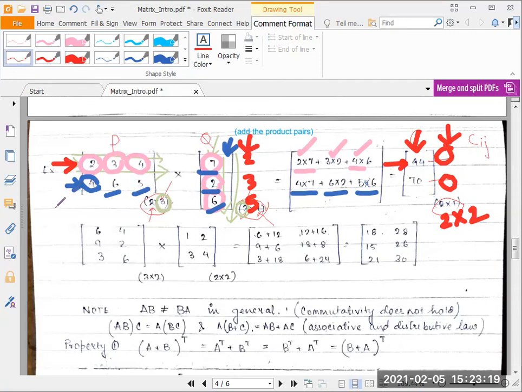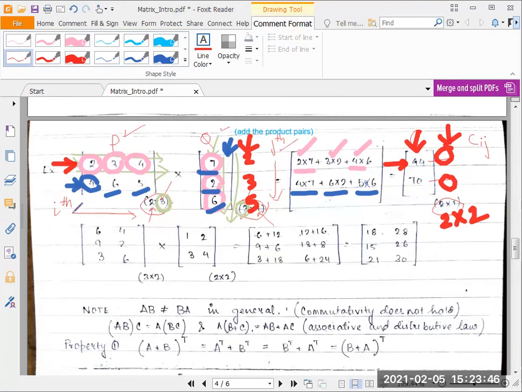You will take the ith row of the first matrix and go in this direction, and you take the jth column of the second matrix and go in this direction. So naturally you will find that element. Whatever element you want to calculate, you will take that particular row of the first matrix and that particular column of the second matrix.